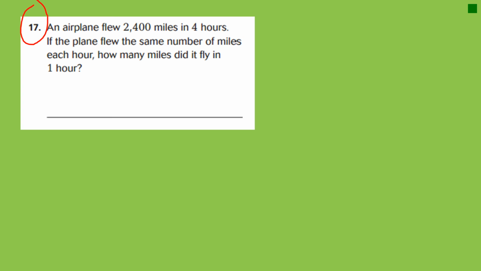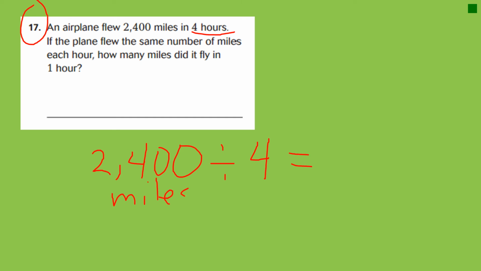Okay, so we have a big glob of 2,400 miles. And we want to see if we separate that into 4 groups or hours, how many will be in each hour? How many miles will be in each hour?